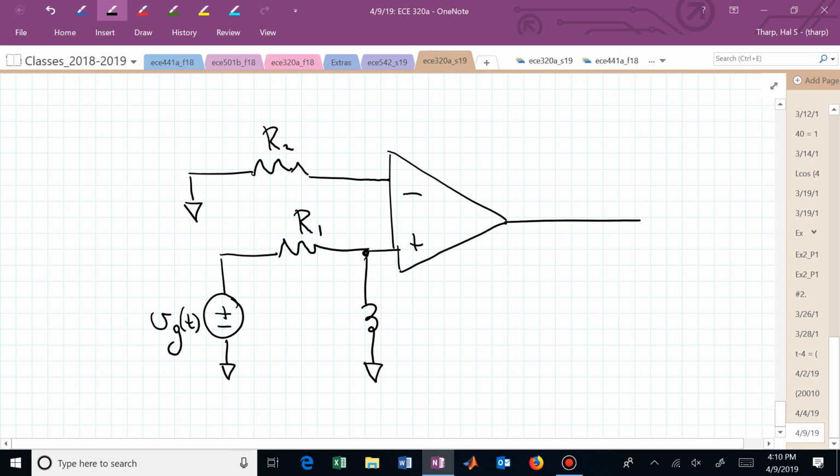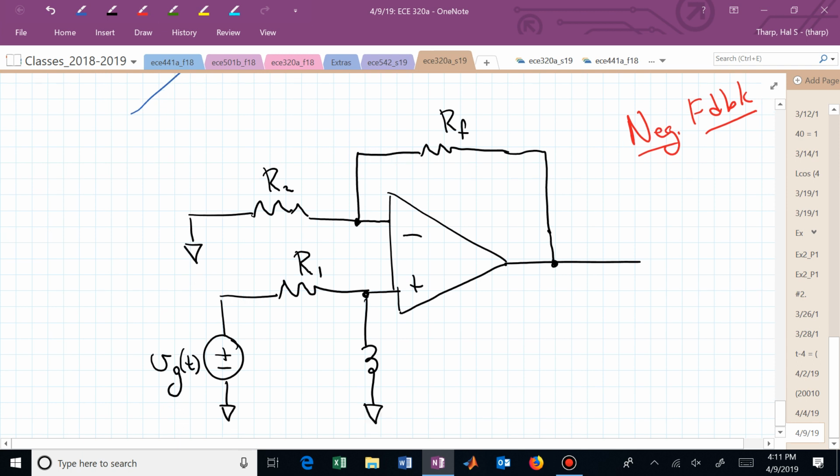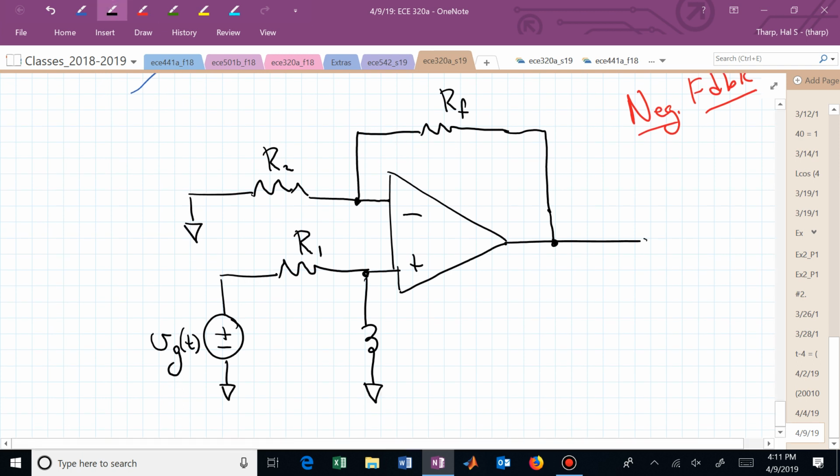Now I've just grounded that inverting node. Let me put in negative feedback, so that now this is my feedback resistor R sub F. And I hope you can see that we do have negative feedback, and here is my output.